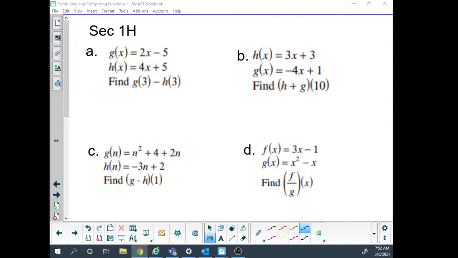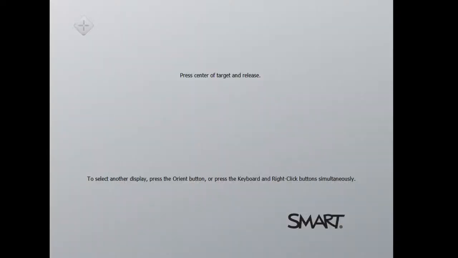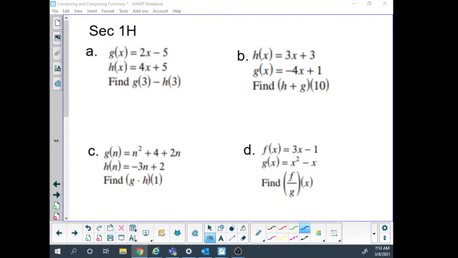Did anybody go, alright, h plus g of x? I can do that. There we go. H plus g of x is h of x plus g of x.